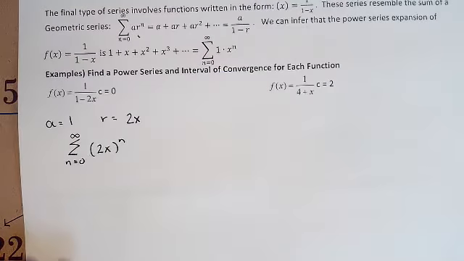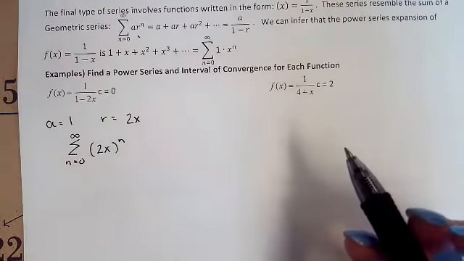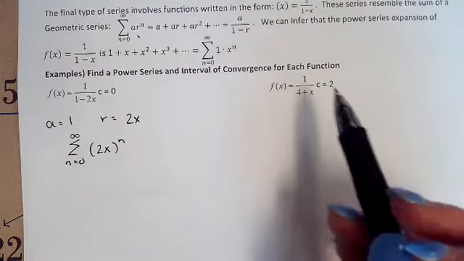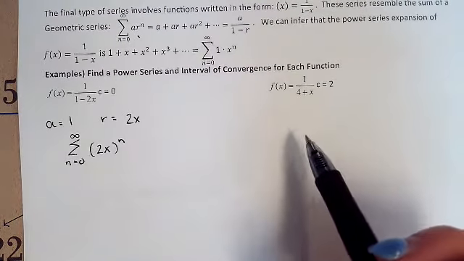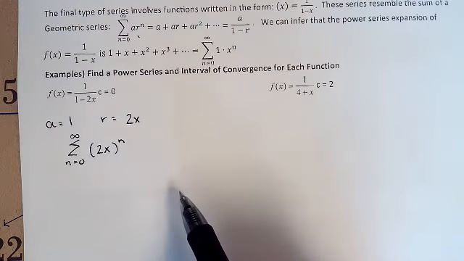Does that C mean anything? Means it's centered at 0. So if it wasn't centered at 0, we would have to do some work to go around that. On this next one, we'll look at not centered at 0, but centered at 0 makes it really easy for us.